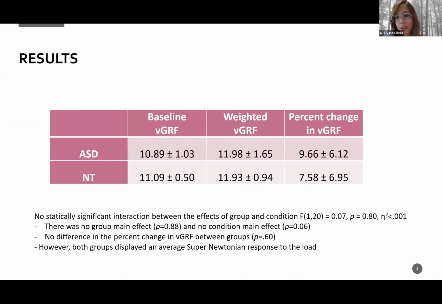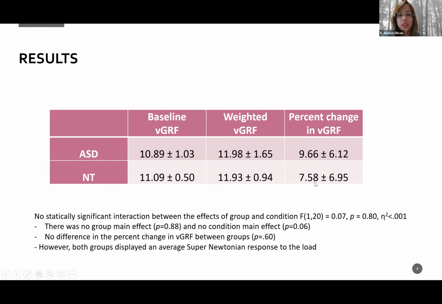Now, after the vertical ground reaction force was normalized to body mass, we can take a look here at our autism group and the neurotypical group, and how their vertical ground reaction force differed from just normal overground walking to then walking with the weighted vest. And we can also see the % change in vertical GRF.